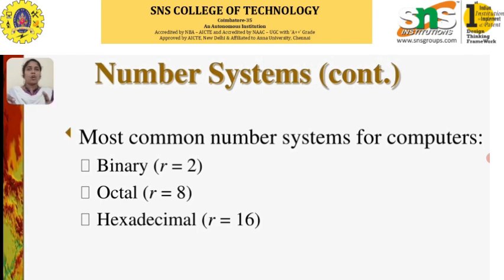It is common in everyday applications like financial calculations, measurements and user interfaces, but digital systems often convert decimal inputs to binary for processing. For example, we take the number 536 in the decimal base 10, and we multiply each digit by its positional weight.